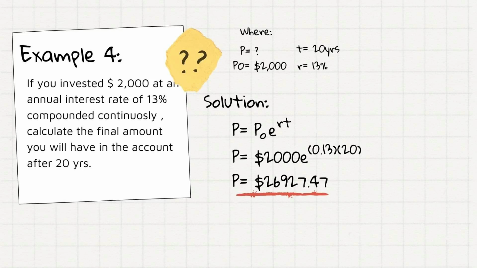So we will substitute this given to our general solution, which is P equals P sub O exponential raised to the power of rate times time, wherein P is equal to 2,000 e raised to the power of rate, which is 0.13 times 20 years, equals $26,927.47.